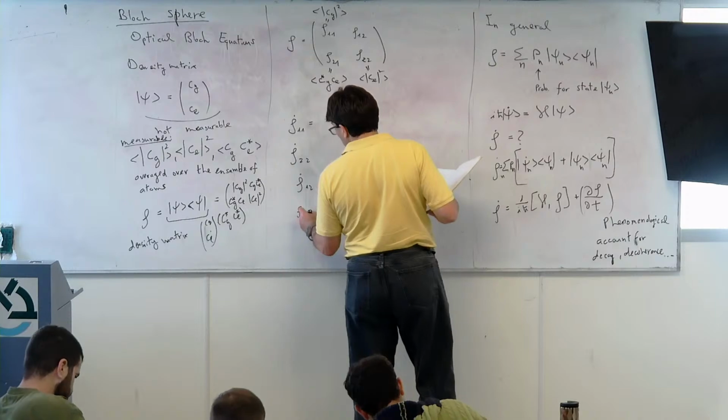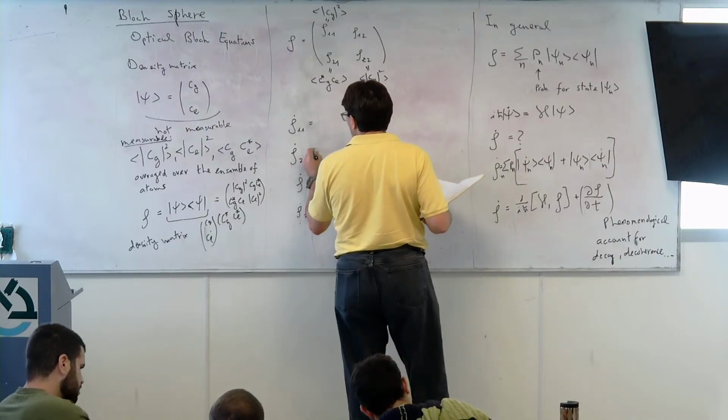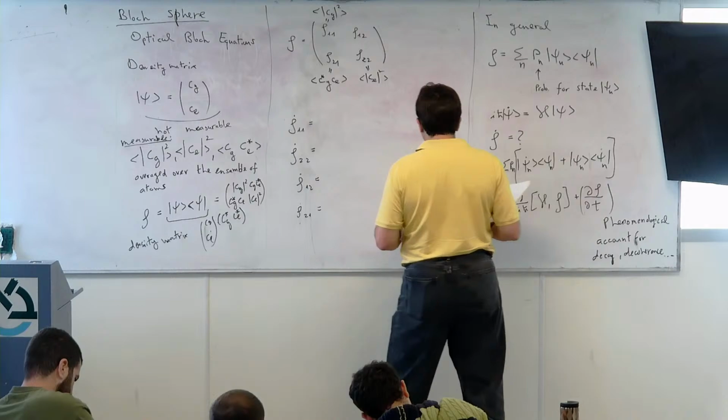I can write also rho 2 1 dot, but there's no real point in doing that at the moment.